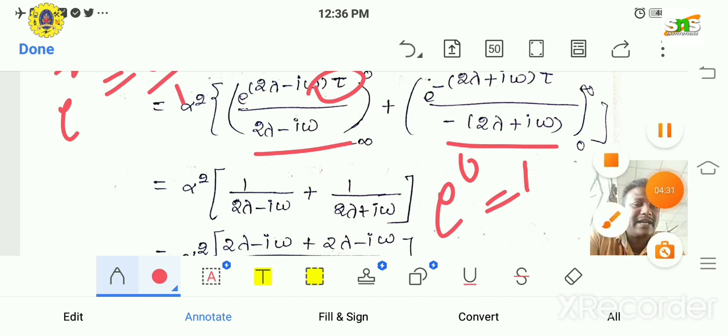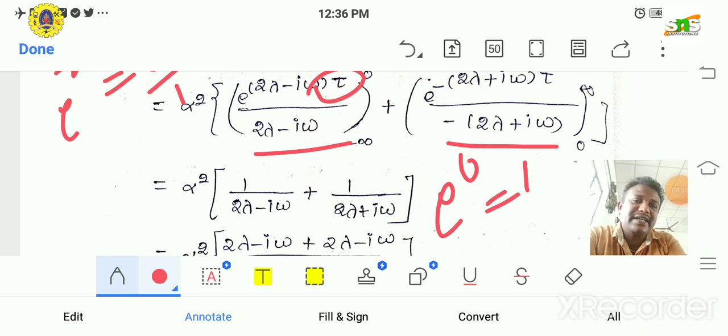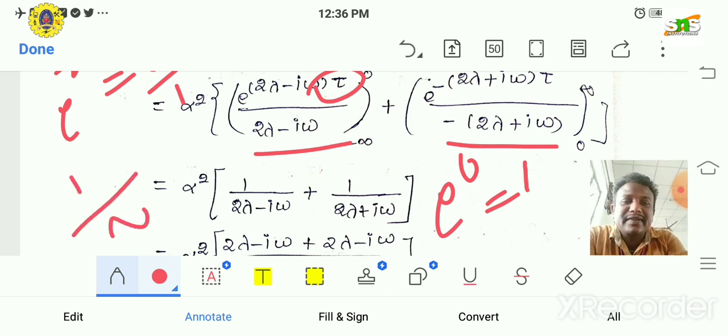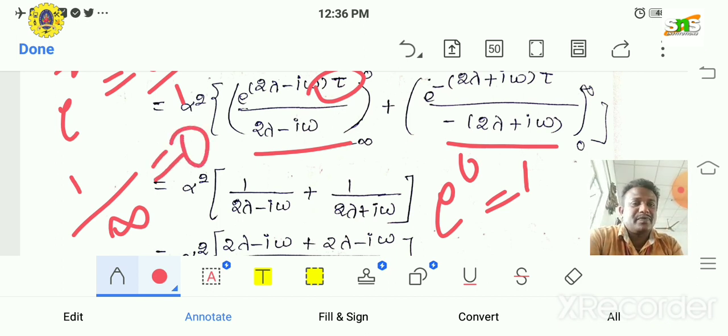Similarly in the second part, when you substitute infinity, it becomes 1 by infinity. The value of 1 by infinity is 0. Therefore when applying the lower limit, your answer is 0.